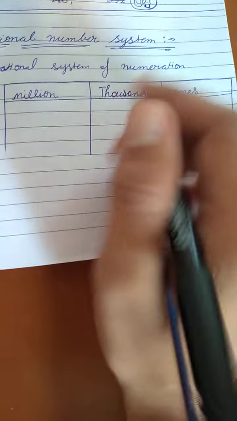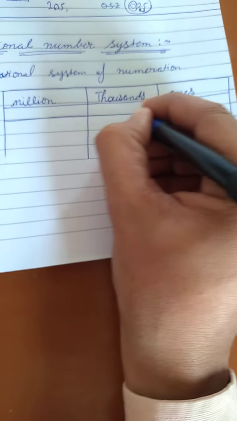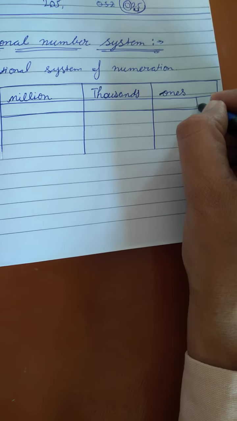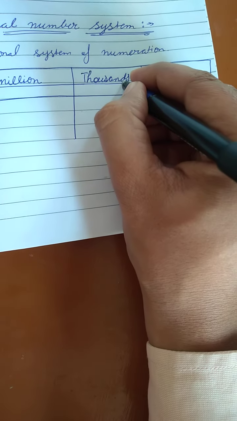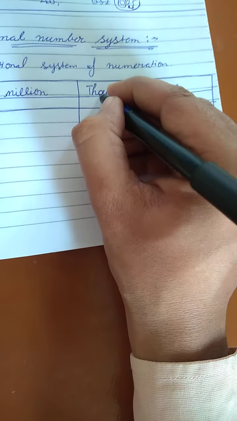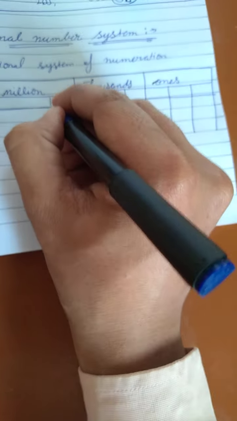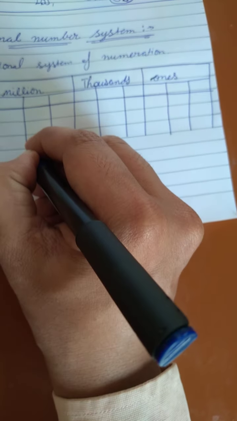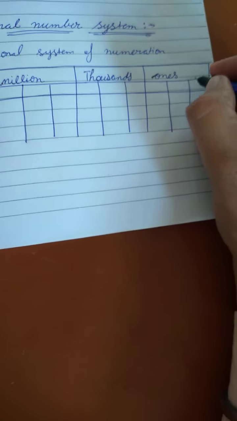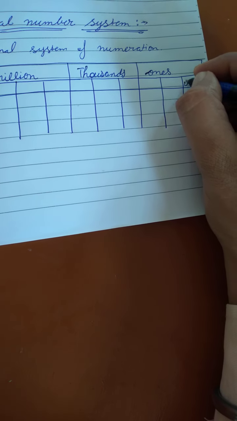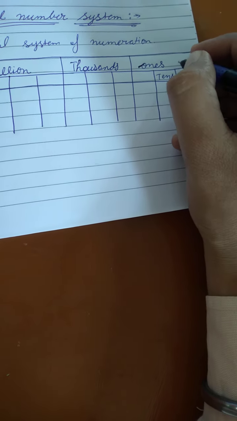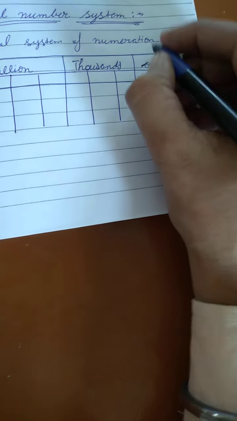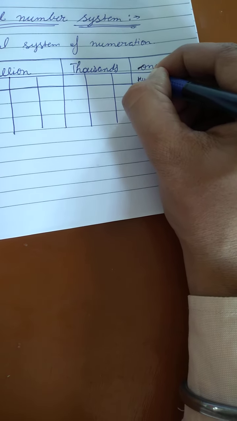Is that clear? So in the international number system, each period is divided into three sub-periods which are called the places of the periods. Firstly we discuss the ones period. Ones period is divided into three places: first place is ones, second tens, and third is hundreds.